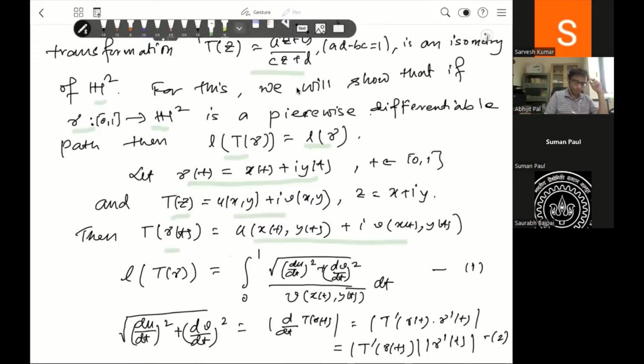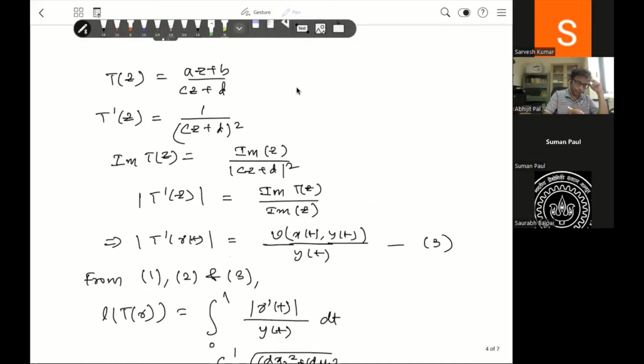By definition, the length of T(gamma) is equal to this thing. I'm not going into the computation in detail, but it will be equal to this.